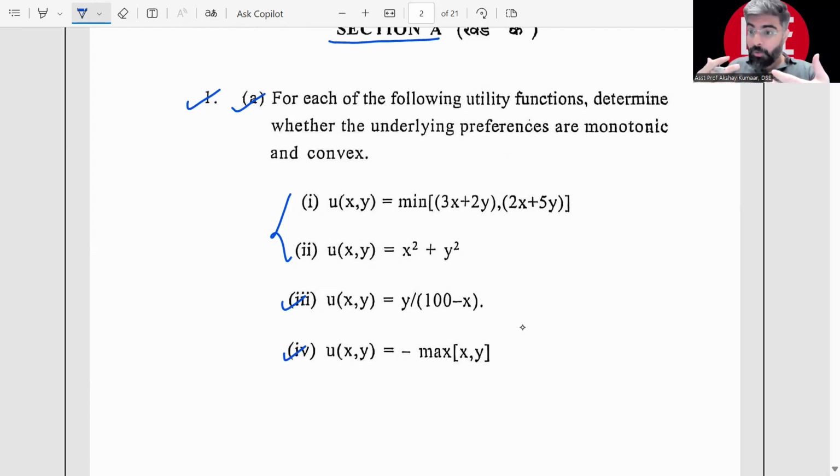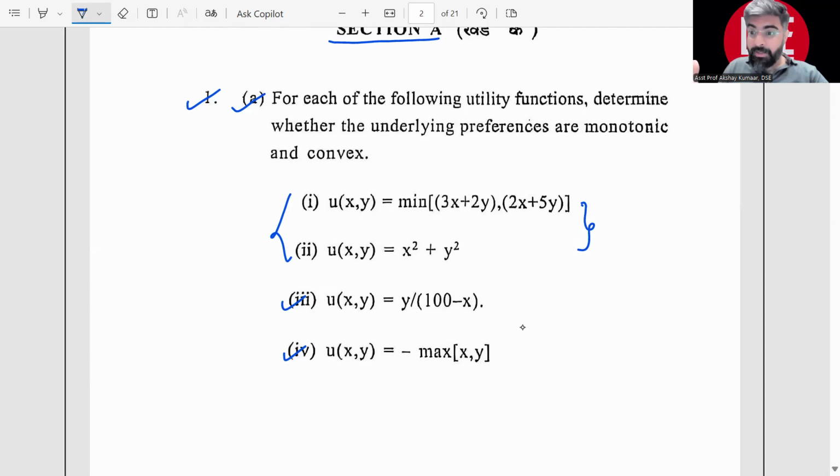If the marginal utilities are positive, it means that increasing the consumption of that good increases total utility. That means more is preferred to less. We had calculated the marginal utilities for these two utility functions, and shown that since they come out to be positive, the preferences are monotonic.